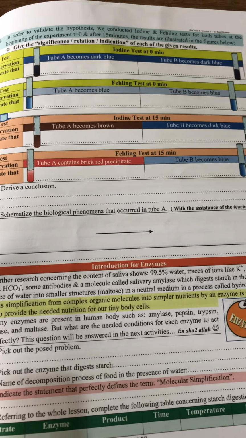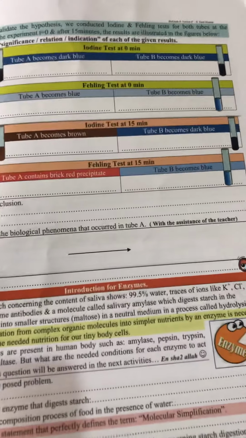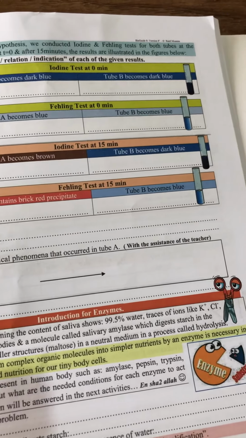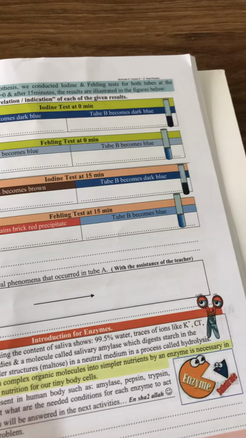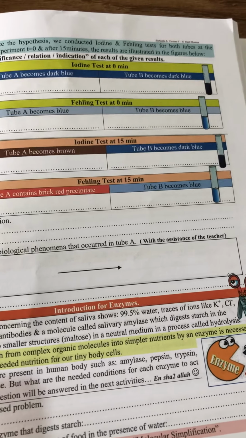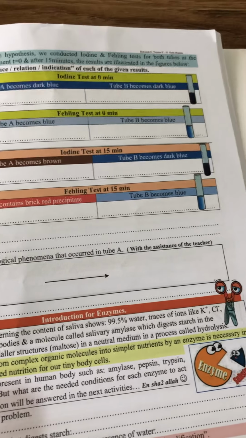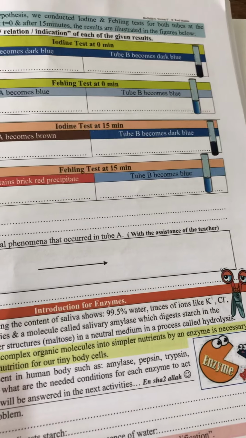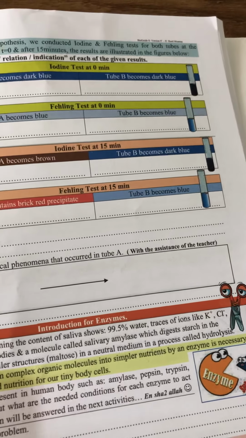Hi guys, last time we were talking about the chemical transformation of food, and we said that there is something in the saliva that is transforming the carbohydrates, or the starch in the bread, into reducing sugar. We showed that by performing the iodine test, which gave a dark color when carbohydrates were present, and the Fehling test, which gave a brick red precipitate in the tube where saliva is present.